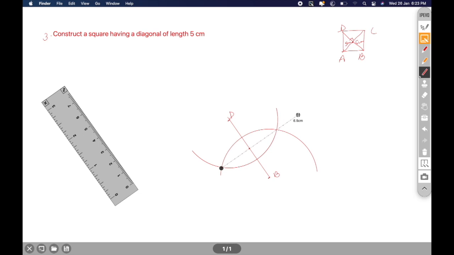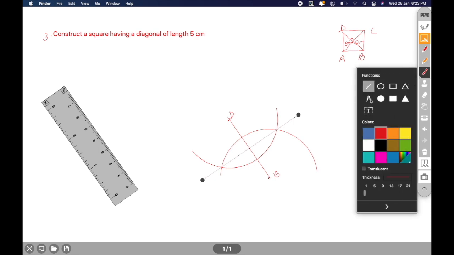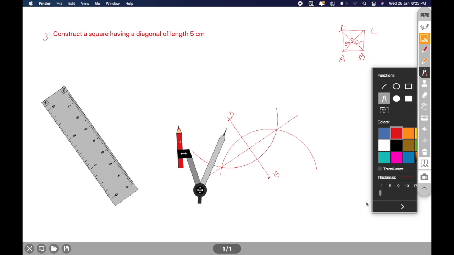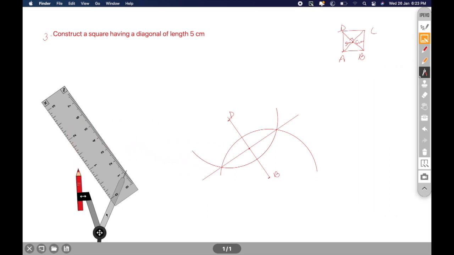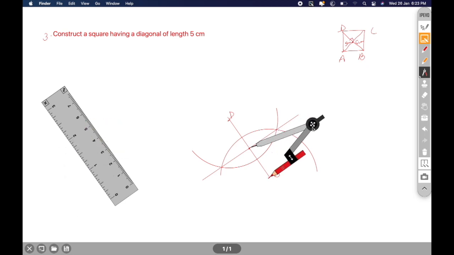the line segment BD. So this line is extended using a ruler and a pencil, and now we will use a compass and measure 2.5 centimeter so that we can find the other diagonal.